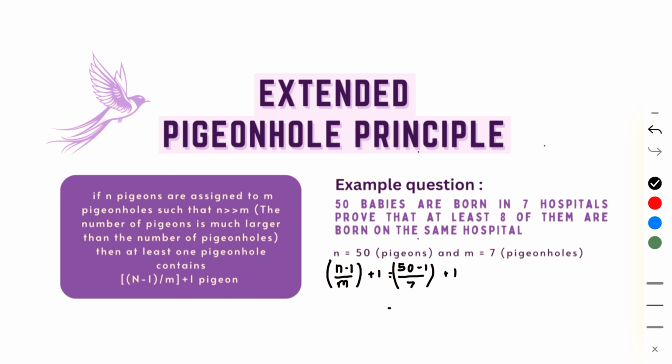Okay, we're going to count. So 49 divided by 7 plus 1. 49 divided by 7 is 7, plus 1, which answers to 8. So therefore, we can prove that at least 8 of them are born in the same hospital.